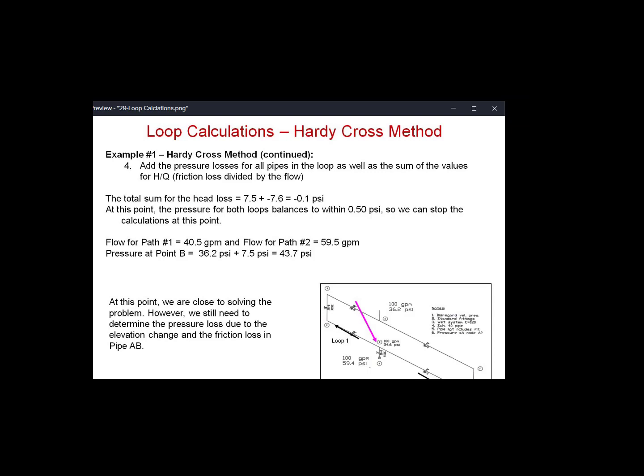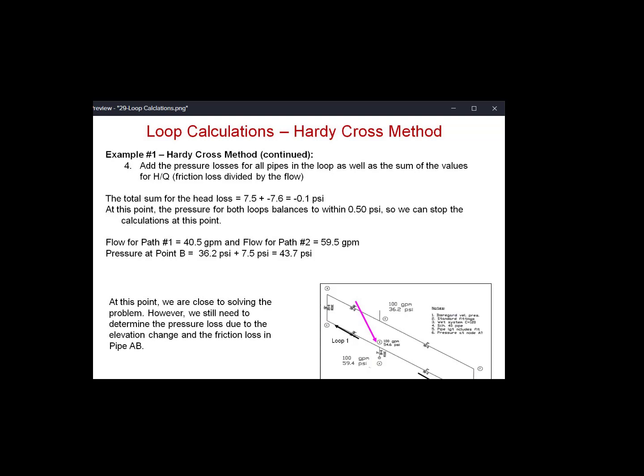Okay, next, example 1 again. Add the pressure losses for all pipes in the loop as well as the sum of the values for H divided by Q. The total sum for the head loss is equal to 7.5 plus minus 7.6, which equals minus 0.1 psi.